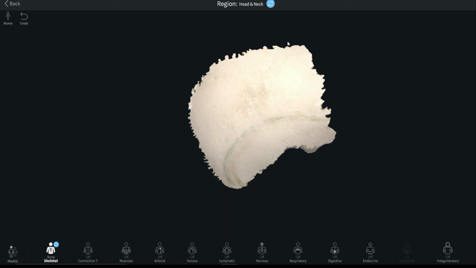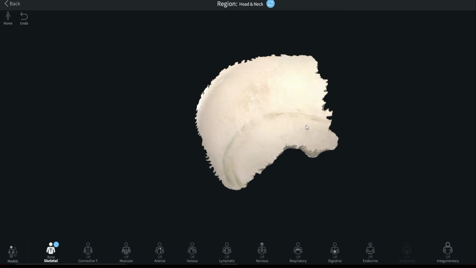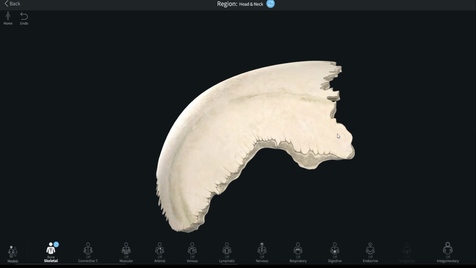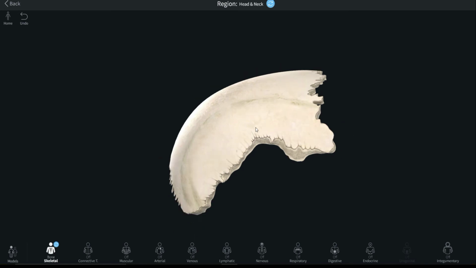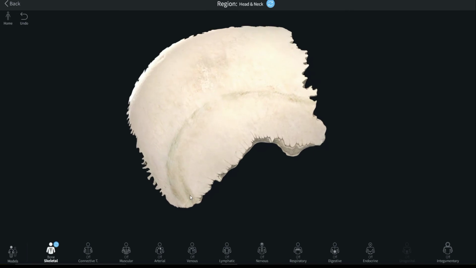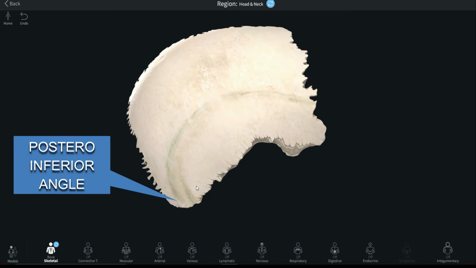As far as the angles are concerned, just like I have described here, this is a unique angle. That is the meeting point between the anterior border and the inferior border. That is the antero-inferior angle. Whereas the other angles are this over here, which is the meeting point of inferior border and the posterior border. So what will this be? The postero-inferior angle, right?